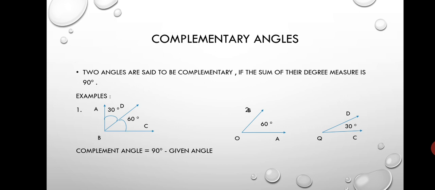Whether they are adjacent, having a common vertex and common arm, or they are different angles, like in the first they are adjacent, and if we add these two we get 90 degrees. In the second also, these are two different angles, but if we add we get 90 degrees. So both are examples of complementary angles. Whenever we want to calculate the complement of an angle, we just do 90 minus the given angle. Suppose we have to find the complement of 30 degrees, then that is 90 minus 30, that is 60.